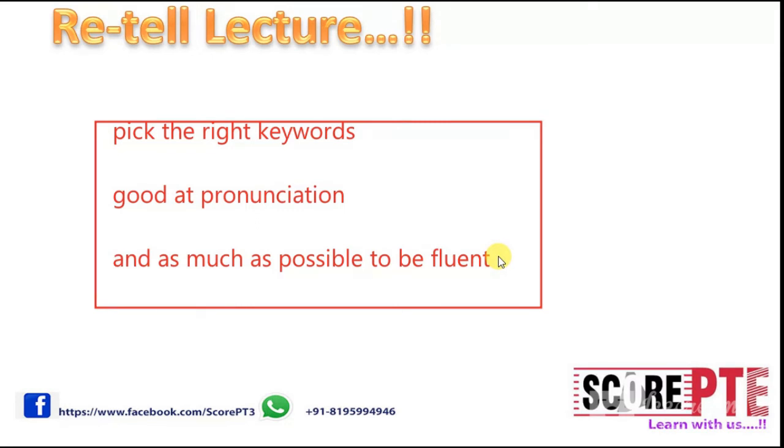That's why we face difficulty fulfilling the task requirements. So first of all, you have to be right on keywords, good at pronunciation, and as fluent as possible. If you fulfill these three requirements, you will get 90 out of 90.